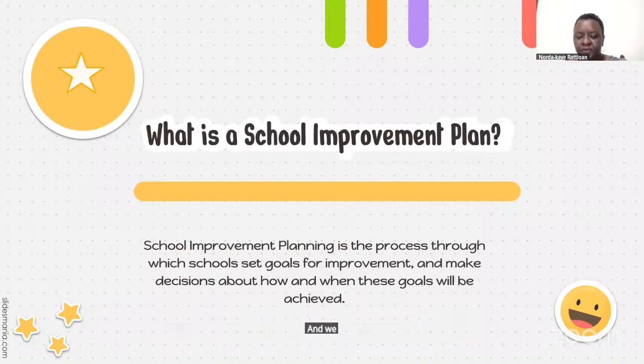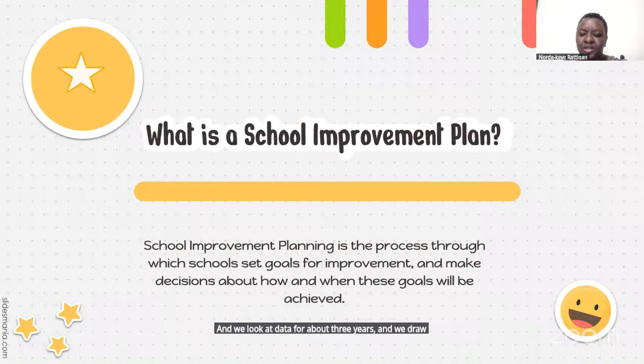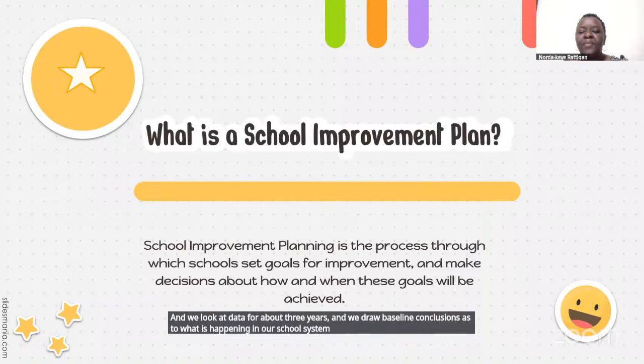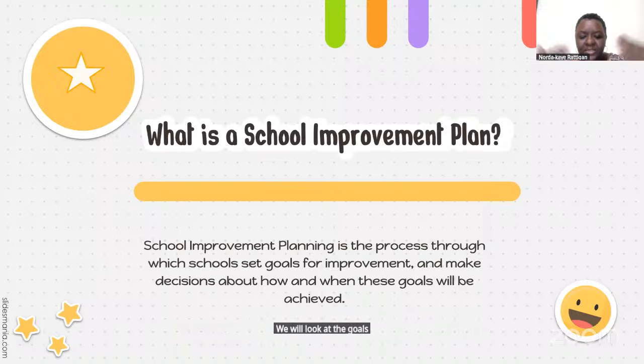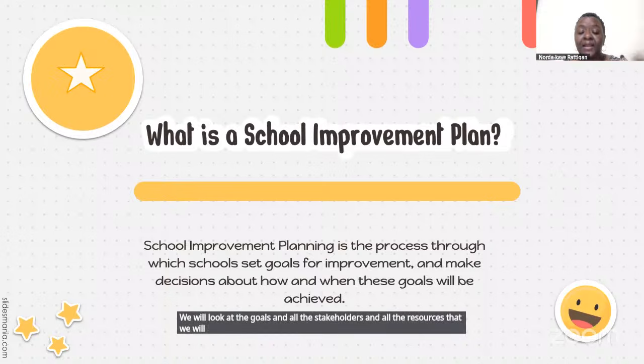We look at data for about 3 years and draw baseline conclusions as to what is happening in our school system. Then we make plans as to where we're going with this. We look at the goals, all the stakeholders and all the resources that we will need to put this plan in place for it to be a successful plan for the next 3 years.